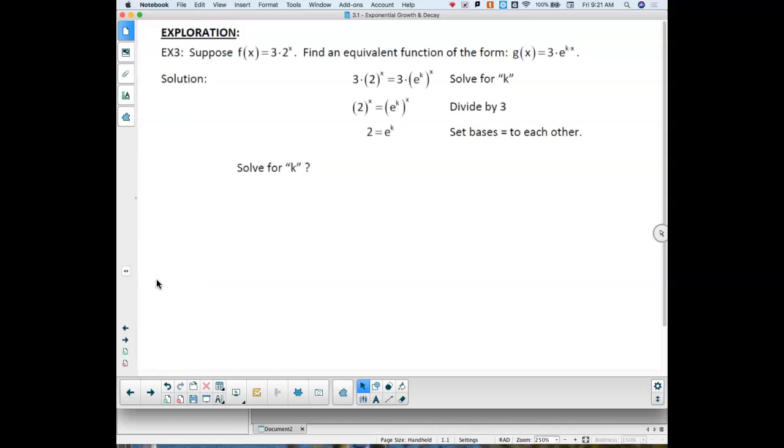So, suppose that we have f of x equals 3 times 2 to the x. We were talking about this one earlier this week, and at the end of last week, we were talking about these types of exponential functions and how they're great and all, but they're like exponential functions with training wheels.